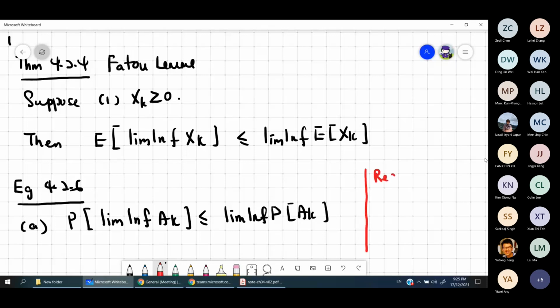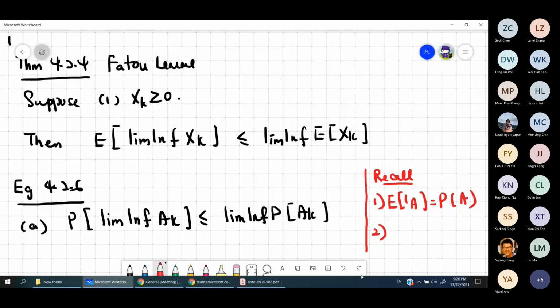Before this, we need to recall some formulas. The first one is still fresh, we just discussed it: E of 1_A is equal to P of A. We discussed this in the first section.